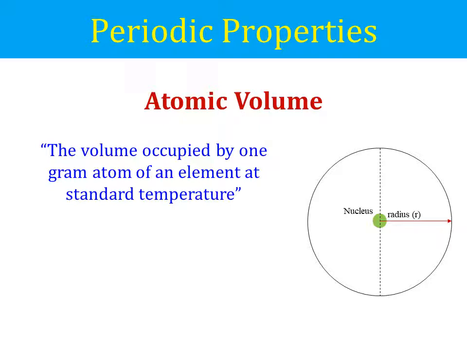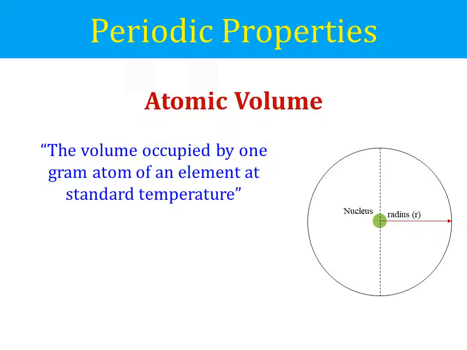Better to say, specifically, it is 1 mole of a substance. So it is the number of atoms present in 1 mole of a substance, here an element, at standard temperature. So this is what we call atomic volume. I hope it's clear. Simply the number of atoms in 1 mole of an element. That is atomic volume.